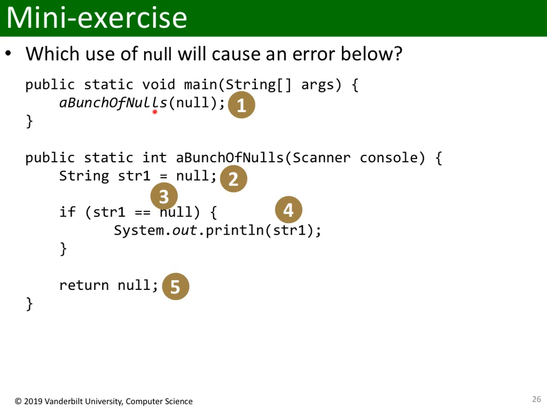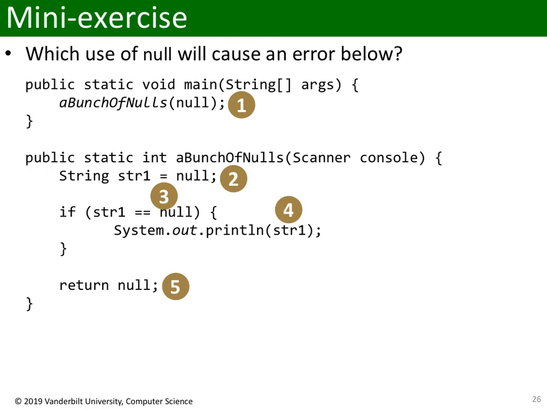So when you call a bunch of nulls and pass null as the parameter, it stores null in the reference variable console. Is that okay? Yes, it is. So we can store the value null in a reference variable for any class type. So that's perfectly okay.